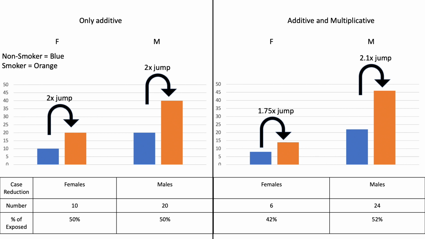But for the panel on the right, we may curtail 6 cases in females and 24 cases in males if smoking was taken away, leading to a 42% and a 52% reduction of smoker cases in females and males respectively. This has an important public health implication.